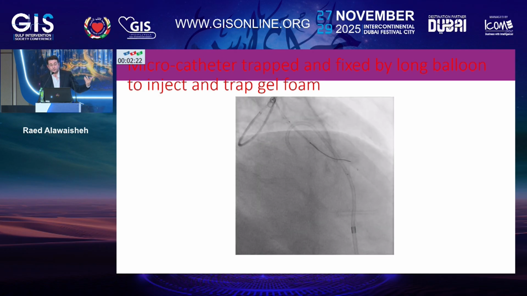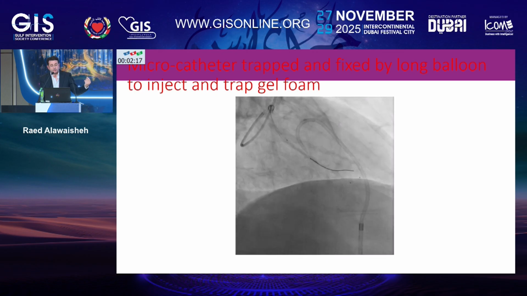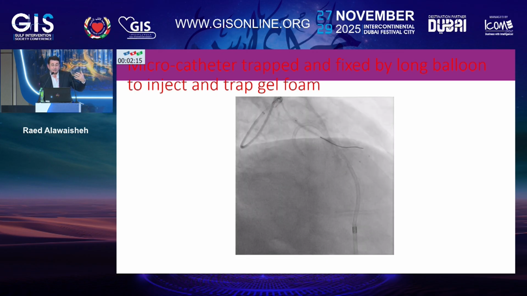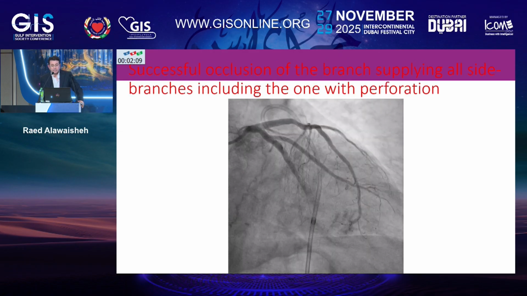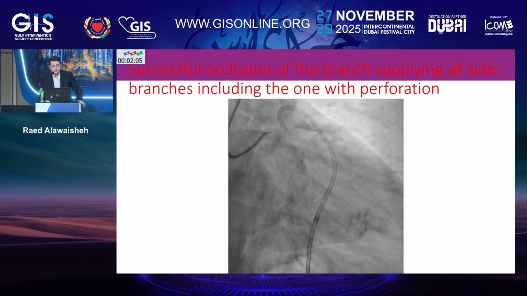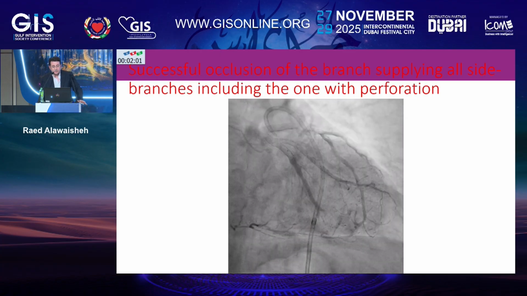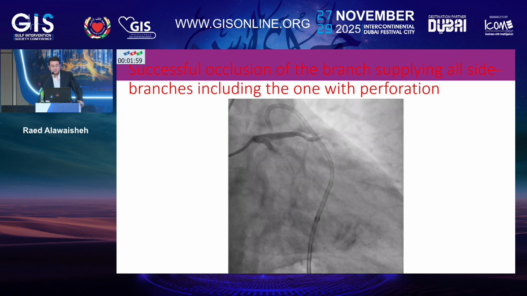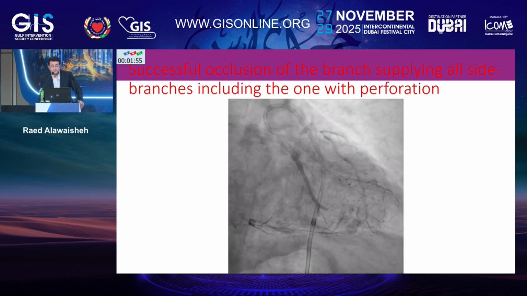And here is a very important point: when you deliver the foam gel, mix it with some contrast, so you will have the myocardial blush and will not go too far and cause more perf. By the end of the day, I have occluded it, everything is stopped, the patient is stable, and the vessel has been occluded. You can see that from the proximal to the distal part.